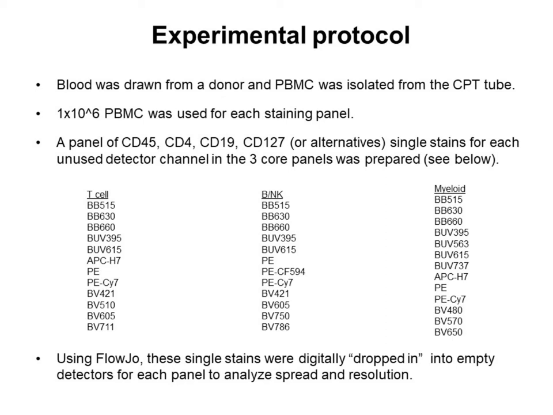You see here the unused detectors for the T-cell panel, for the B and NK, and for the myeloid cells. Those single stains in these empty detectors were dropped in the empty detectors of the panels to analyze the spread and the resolution.